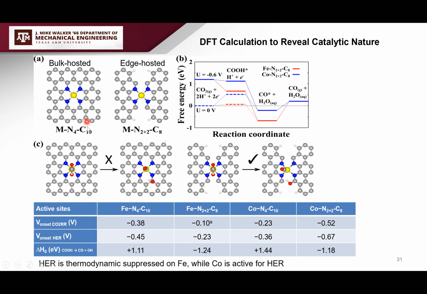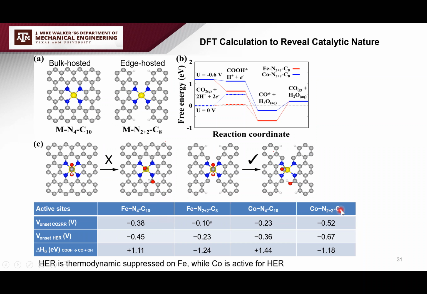These calculations show, if you see this table here, that the onset overpotential for iron is always lower than for hydrogen evolution. And for this edge-hosted N2+2, it's even lower. So that means iron N2+2 is more active than the N4 structure.